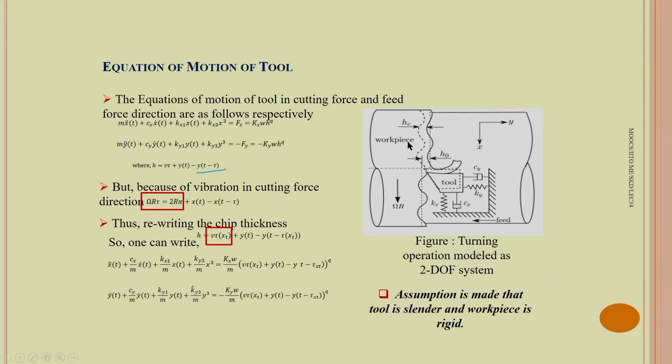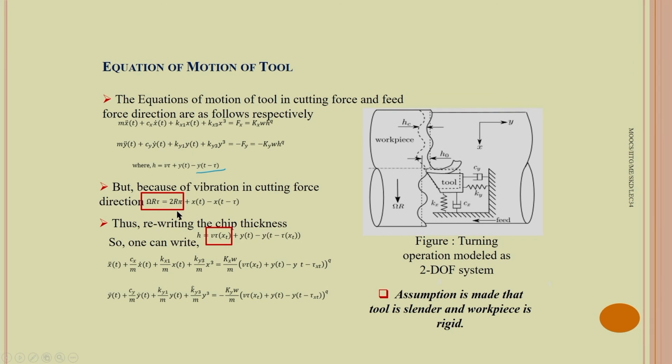Let the previous cut in the y direction have some displacement, and the present cut have some displacement, into V t. But because of the vibration in the cutting force direction, omega r tau will be equal to 2 pi r plus x(t minus tau).